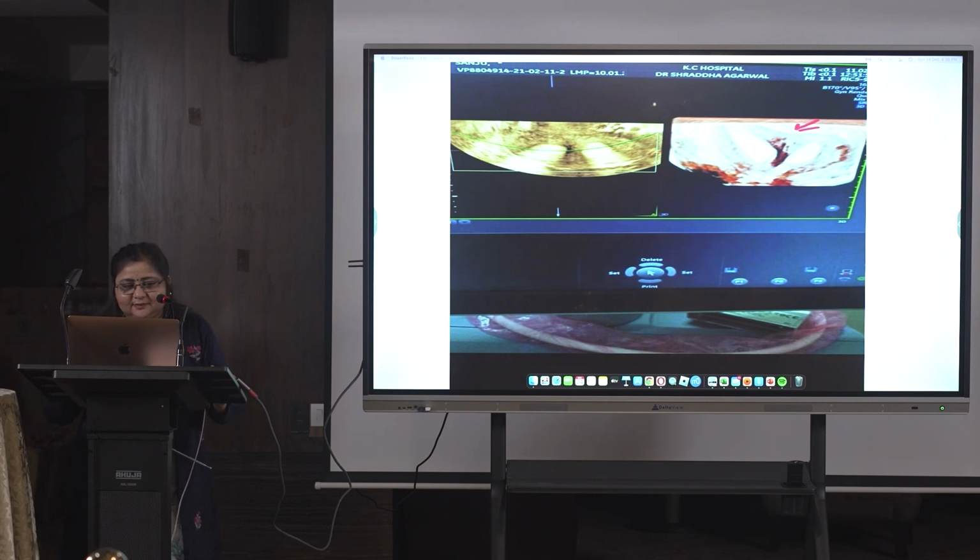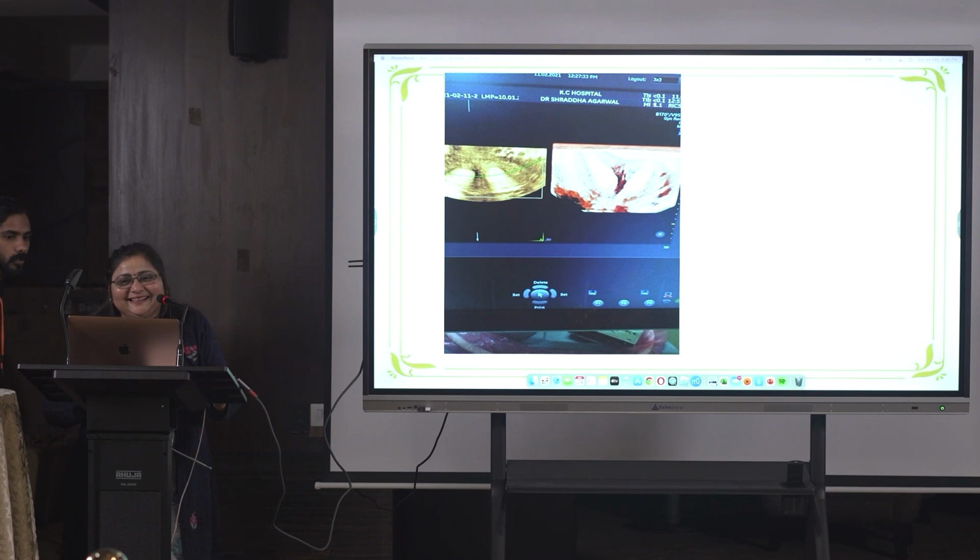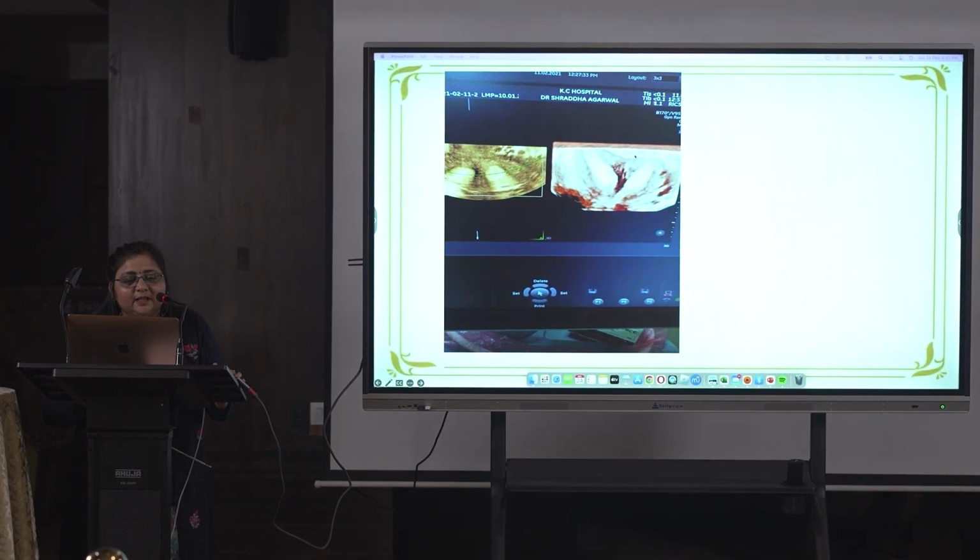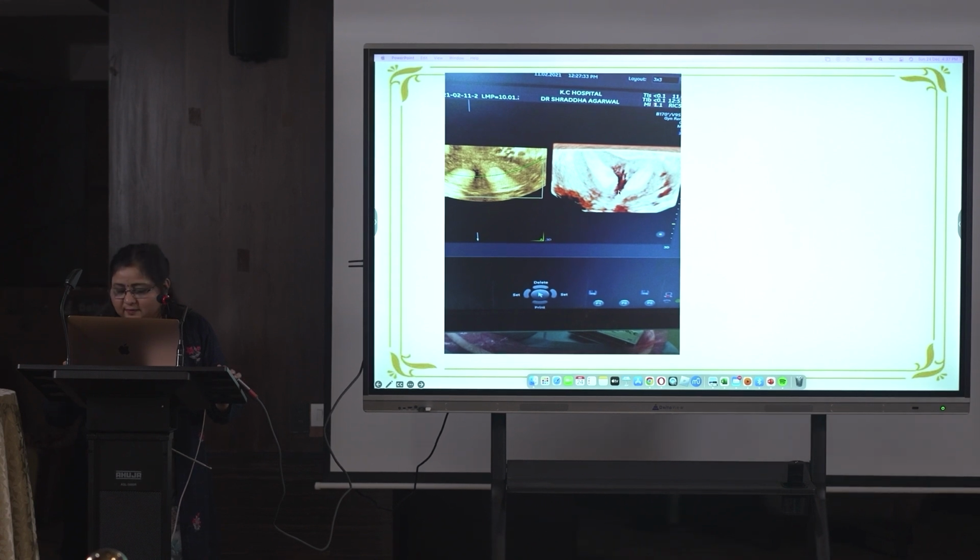Correct. Now you are good. By the end you will only diagnose, okay? This is the same patient. You can see a little concavity here. So this was a biconvex uterus with a single cervix.